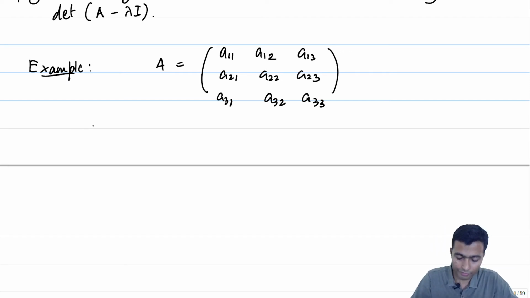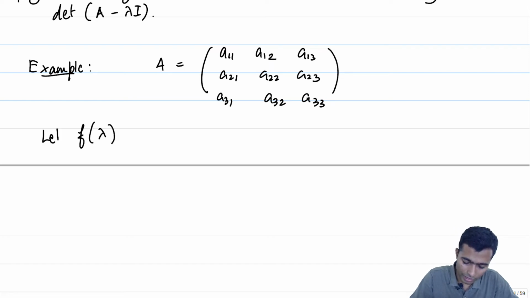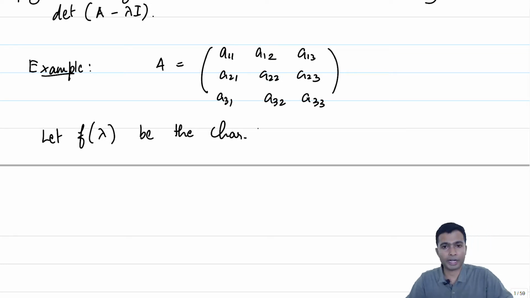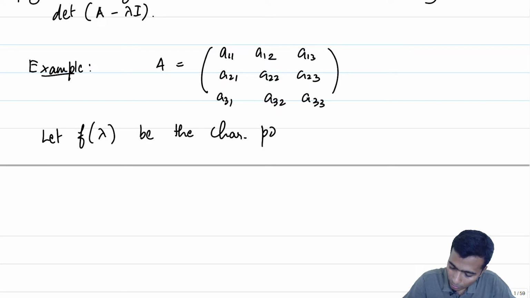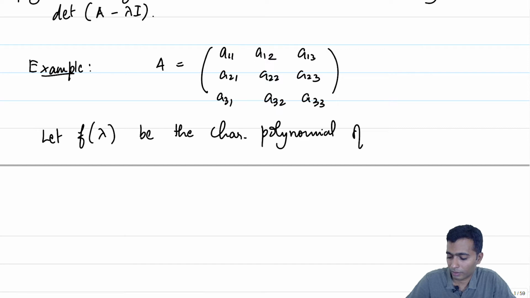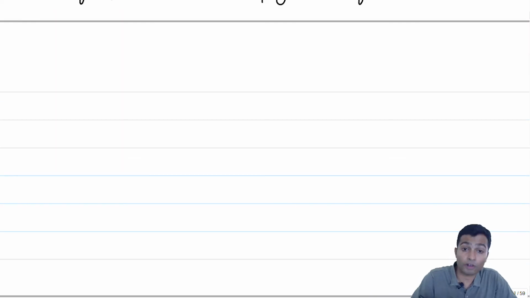Let f of lambda be the characteristic polynomial of A. I'll write it in short as CHAR polynomial of A. What do we know about f?